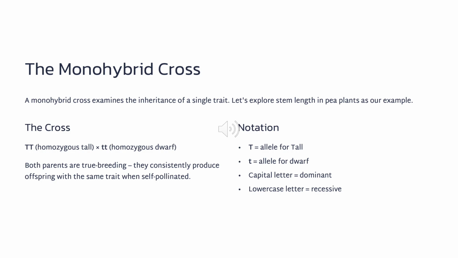So you have to look at the notation that I put here. Capital T is the allele for tall, and lowercase t represents the allele for dwarf. Capital letter is for the dominant effect, and lowercase letter is for the recessive effect.